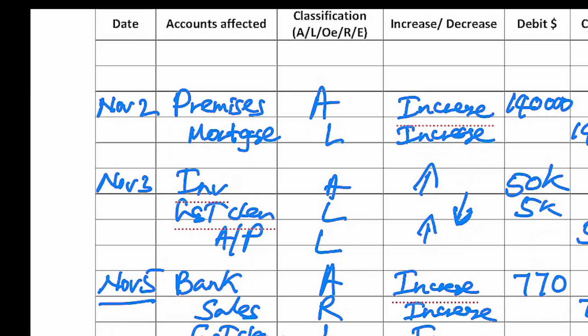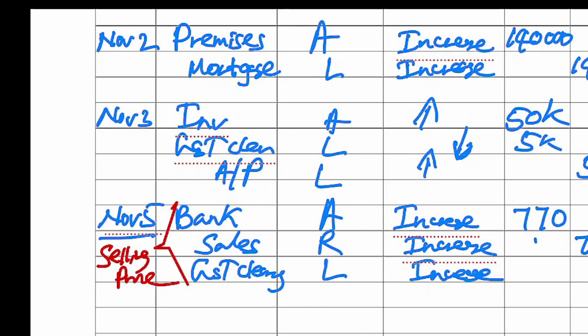Increase. Very good. So I have made a mistake, sorry. Sales 700 there. Then GST clearing 70 credit. This is at the selling price, guys. Then what do we do with the cost price?